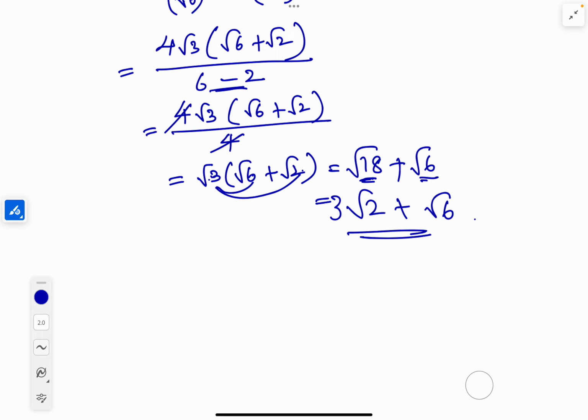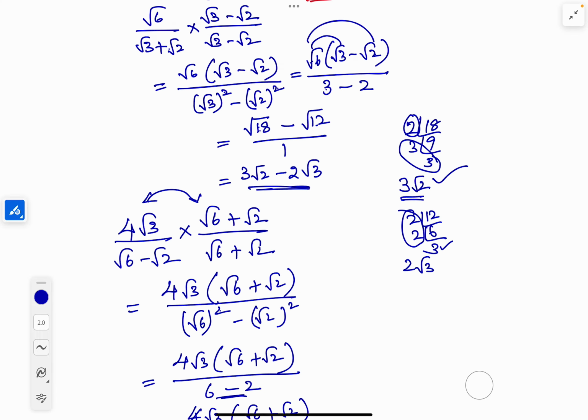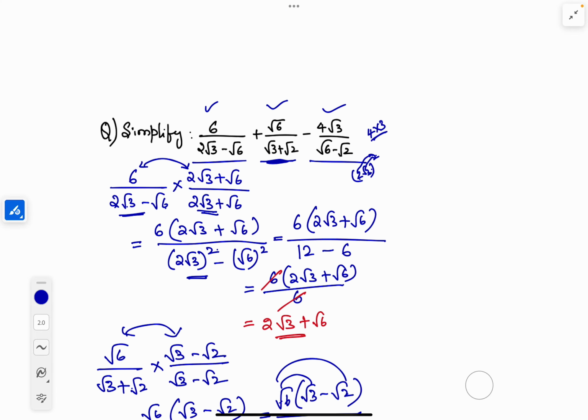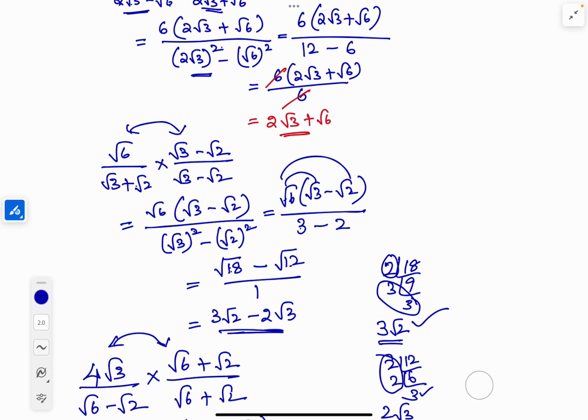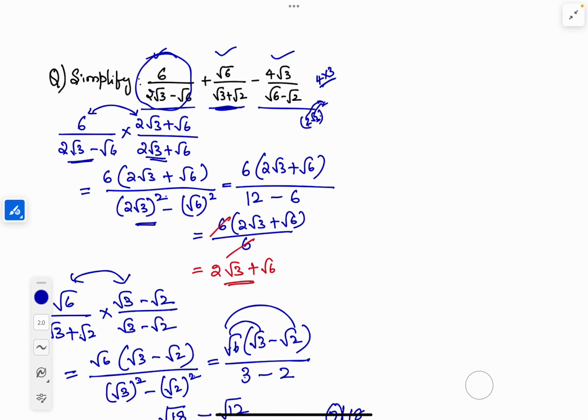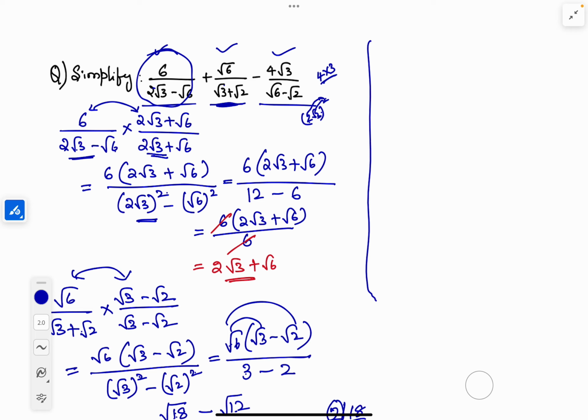Now we got all the three terms, for third term, second term and first term. Now we will try to substitute here. So 6 by 2 root 3 minus root 6 is nothing but 2 root 3 plus root 6, we got, right?